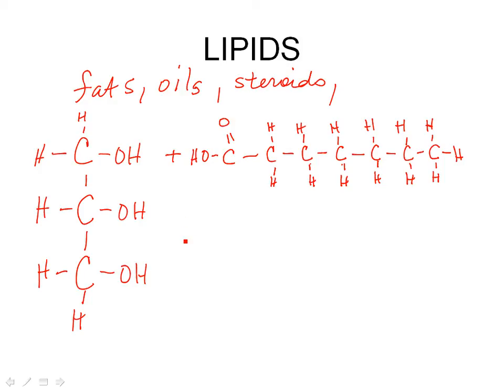Now we could also draw an unsaturated fatty acid. So again, we still have to have the portion of the molecule that makes it acidic, which is this carboxyl group that is attached to this fatty hydrocarbon chain.